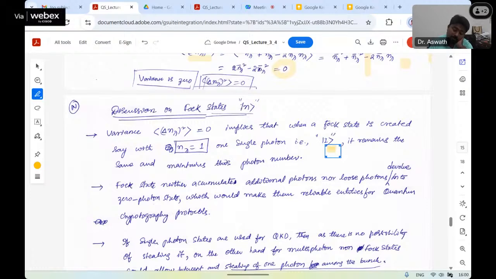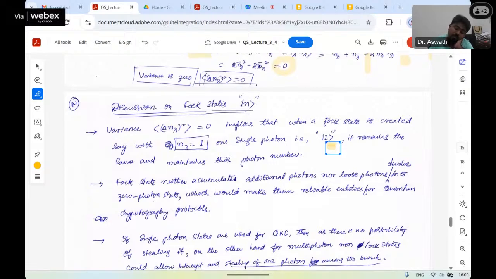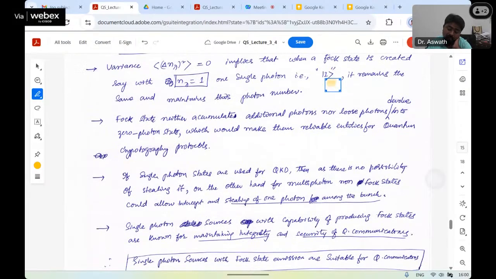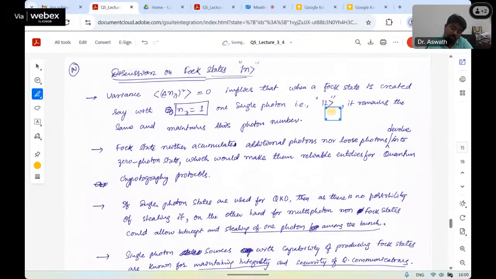It means it is rigid against external means or some eavesdropper. So I prepare my information in one ket state and use that for quantum channel communication, for quantum key distribution. Probably quantum key distribution was discussed earlier today, in the previous lectures. So that is what you can do.